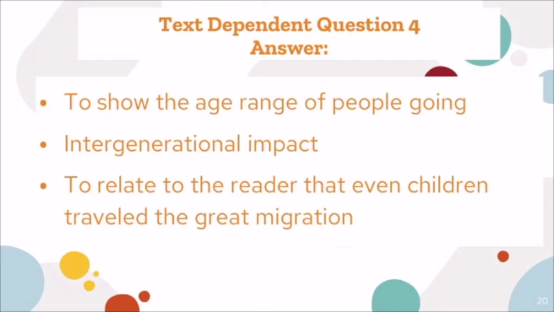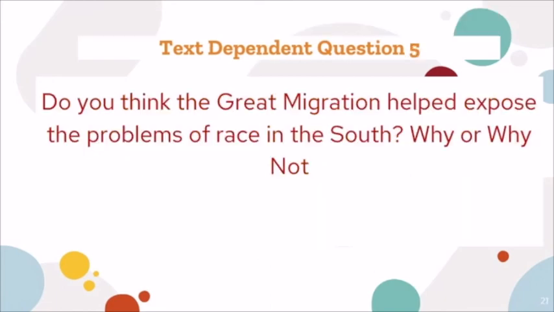Sometimes families were broken apart during the Great Migration because of the cost of travel or what jobs might be in the north. Another possible answer is to relate to the reader that even children traveled during the Great Migration. Let's move on to the next one.